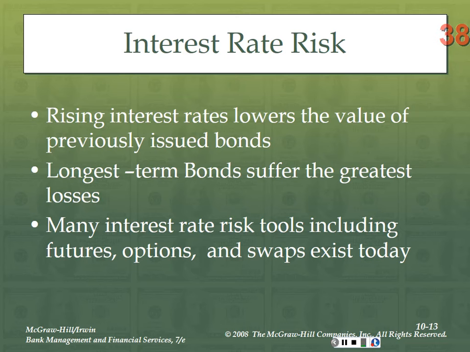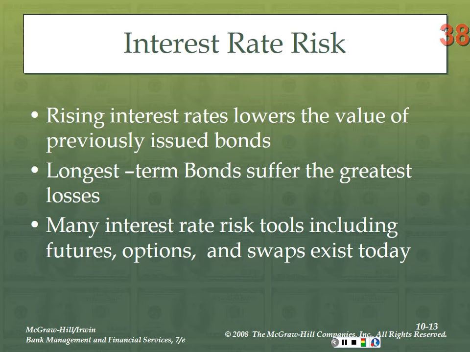Right now, and over the next few years, what do we expect to happen to interest rates? They're going to go up or down? They're going to have to go up. And so if you know interest rates are going to go up, what do you think is going to happen to bond prices over the next few years? They're going to go down.